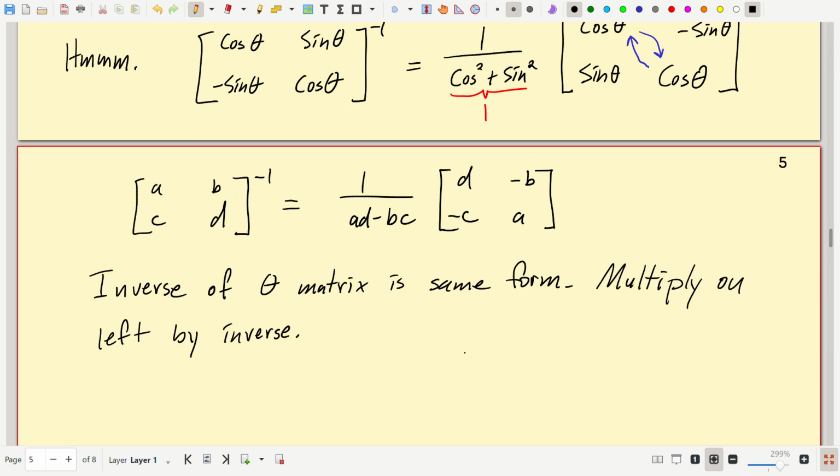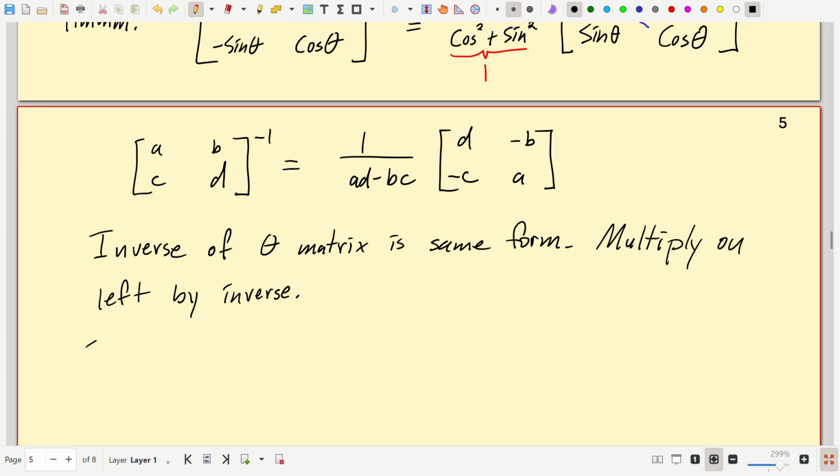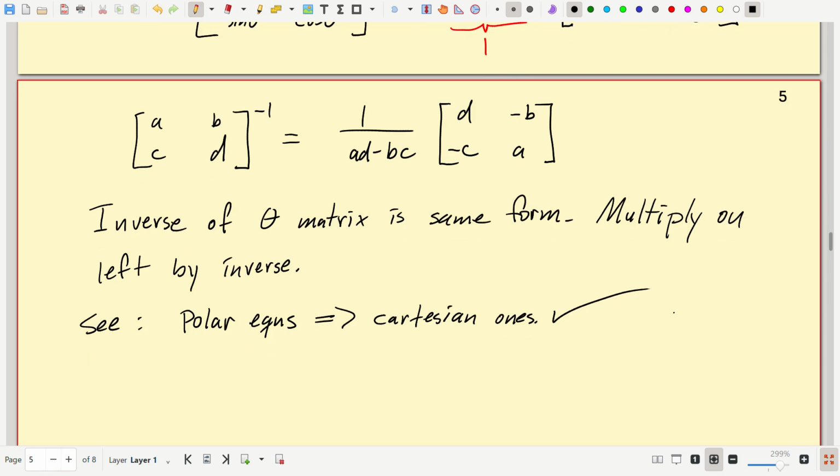And then we see, by this easy fact, this would show that the polar Cauchy-Riemann equations imply the Cartesian ones. So they're 100% equivalent.